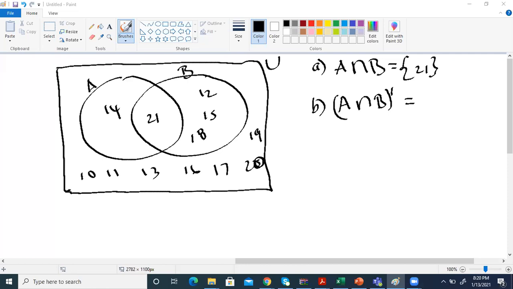It's saying give me everything that is not in A intersect B. A intersect B is 21, so everything outside of that is 10, 11, 12, 13, 14, 15, 16, 17, 18, 19, and 20. So it's basically everything except that.